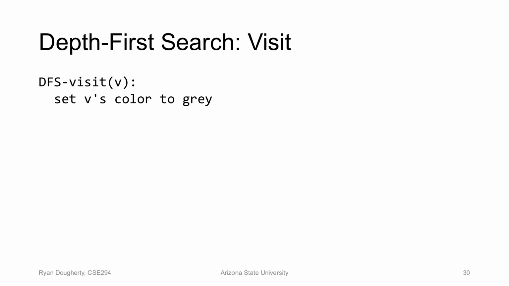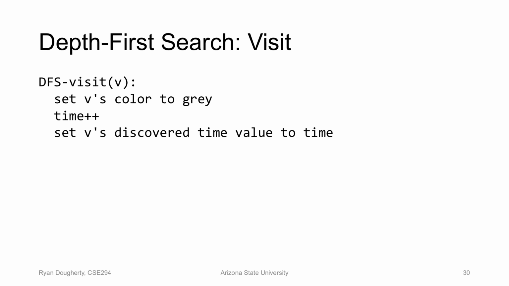I'm going to have the gray and black colors as before. Gray means I'm currently considering it, but am not done with it. So I'm going to increment the time so that I make sure that the timestamp is distinct. Now I've started considering V because I guarantee I've never seen it before.